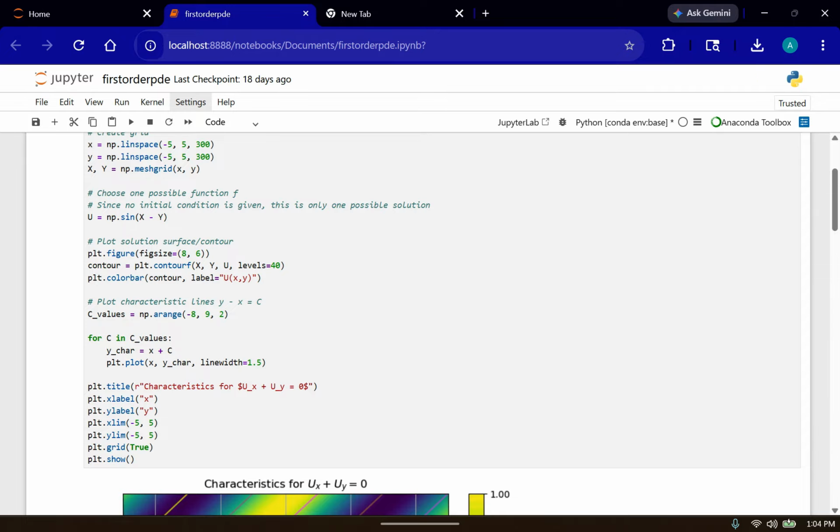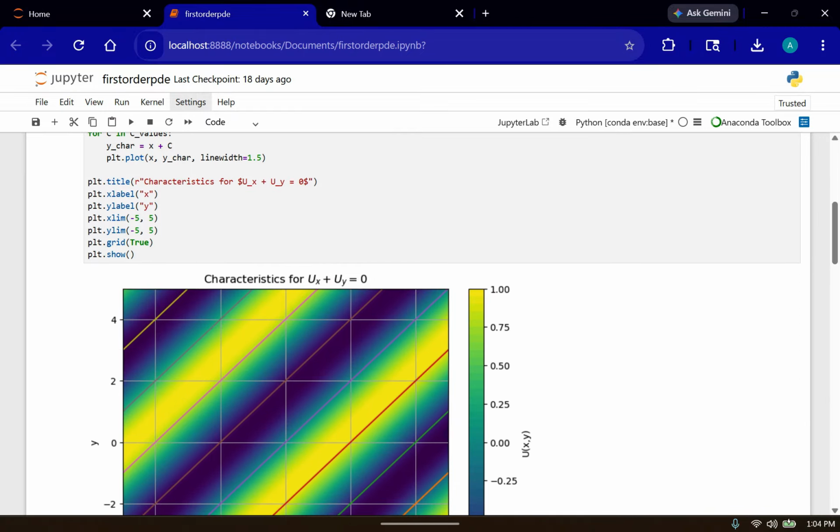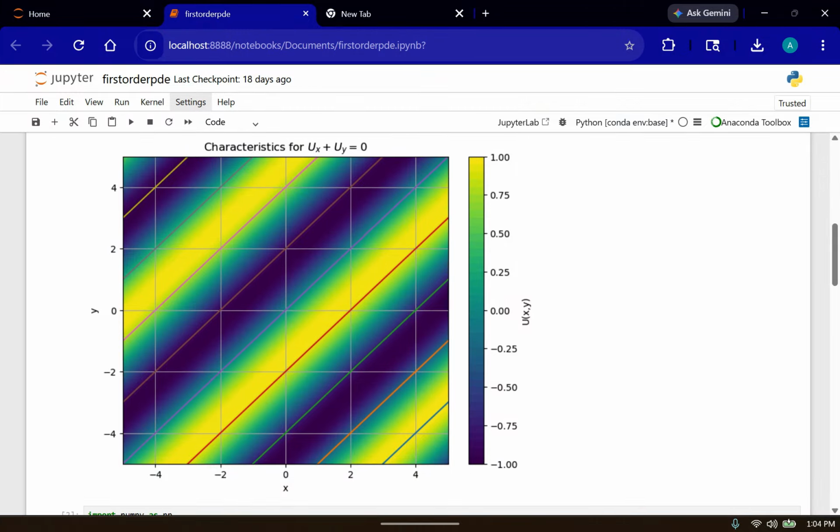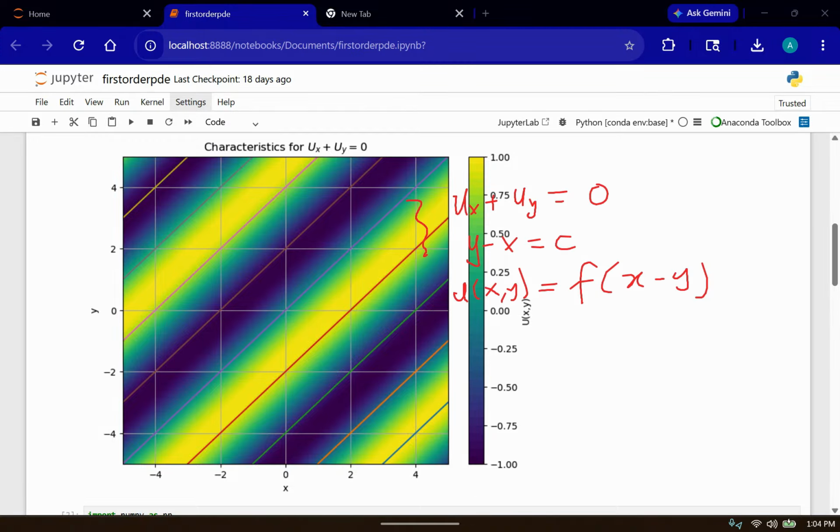So I go through all the programming stuff. You can check these and write the codes there, and then when you plot this is what is happening. If you check this plot, for this particular problem we had the characteristics y minus x is equal to c, which is just straight lines, right?